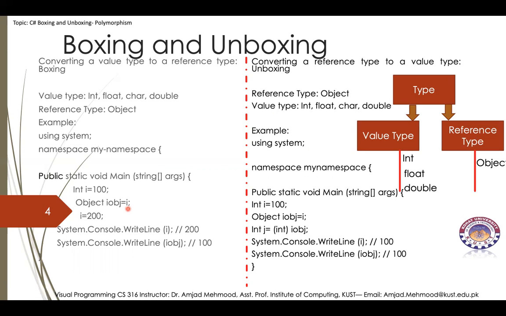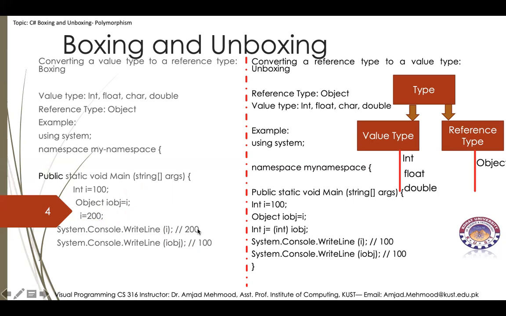So here you can see that an integer is assigned to an object value without explicitly mentioning to the compiler that I want to convert this. So no need to do that. You are simply assigning your integer value to an object value, and this is done implicitly. And here I am replacing i with 200.